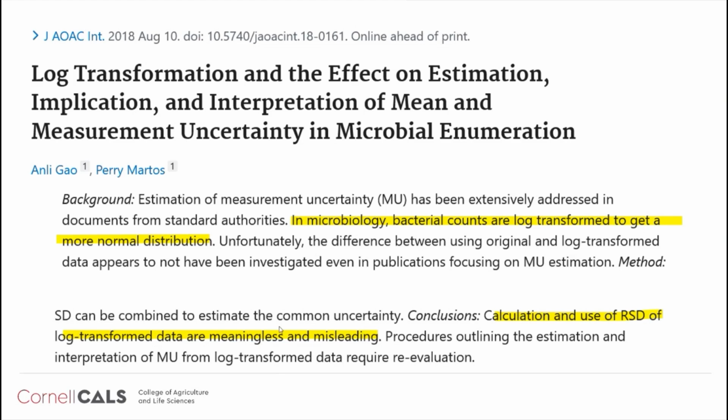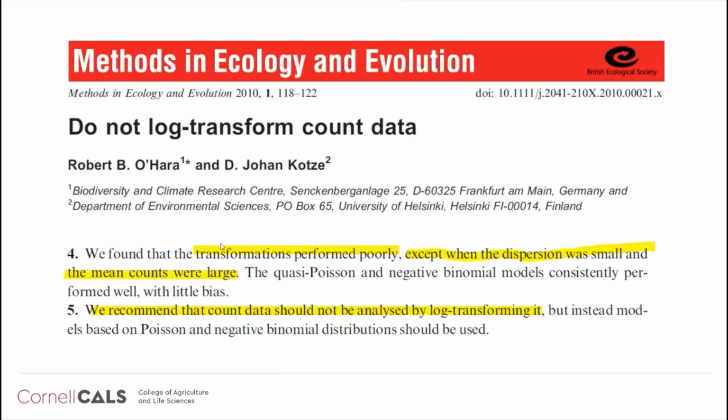So you have to be very careful about these standard errors and these error bars you see. And it's even so far that some people recommend don't log transform count data. So this is not a universal rule that all data have to be log transformed. Quite the opposite. Sometimes a log transformation might be helpful, sometimes it might not be.